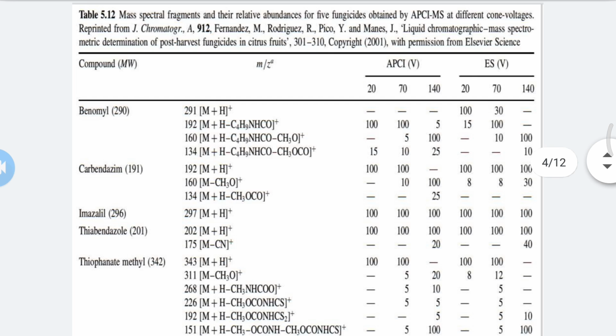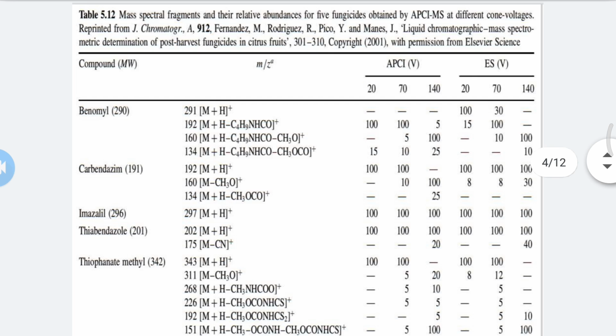Okay, so in these two cases, the first is APCI, atmospheric pressure chemical ionization, and the second is ESI, electrospray ionization. For fungicides such as binomial, the M plus H ion is near about 291.